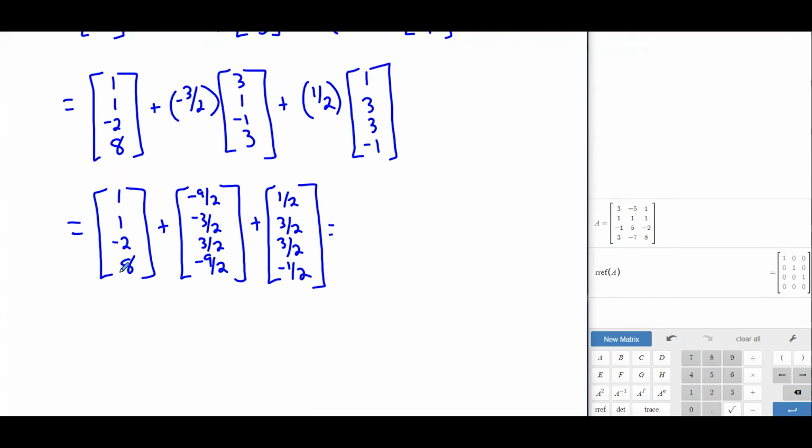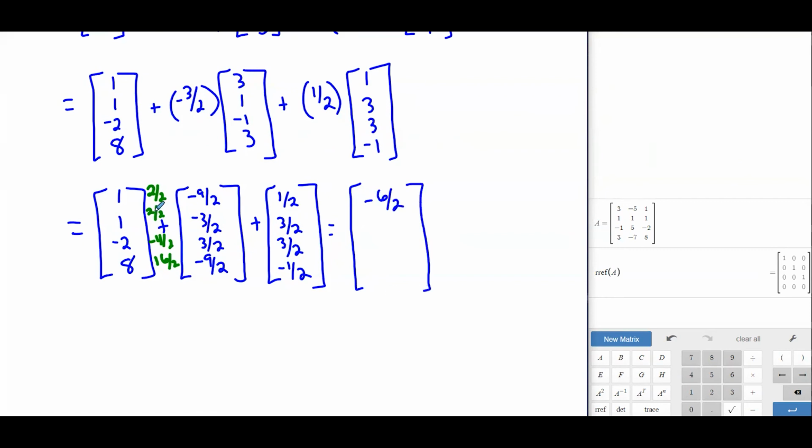All right, so I'm going to change these entries into fractions over 2 so that we can just add fractions over 2 with these other vectors here. So 1 is going to be 2 over 2, 2 over 2. Negative 2 would be negative 4 over 2, and then 8 will be 16 over 2. And now I just need to add these together. Got 2 minus 9 plus 1, so that's going to be negative 6 over 2.